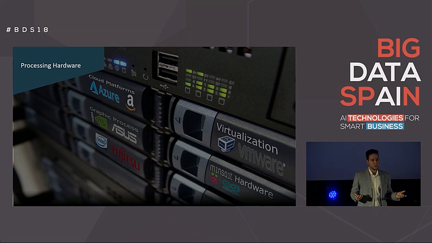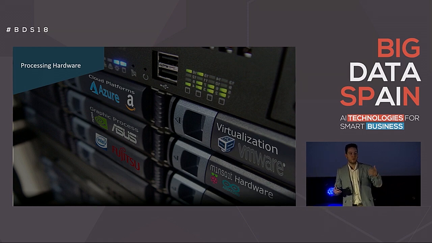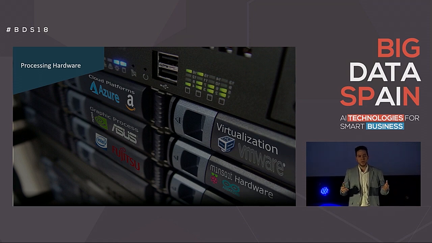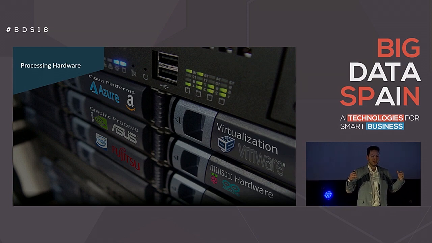That's the reason we will require special processing hardware as well, depending on what we want. It might be just recognizing some faces, only one face in the image, so maybe a Raspberry Pi is going to be enough. But if we are willing to recognize a lot of faces in real time, with a large point of view, we will probably need a better server.